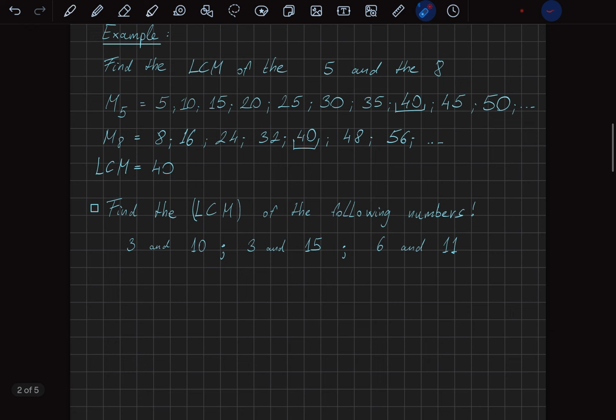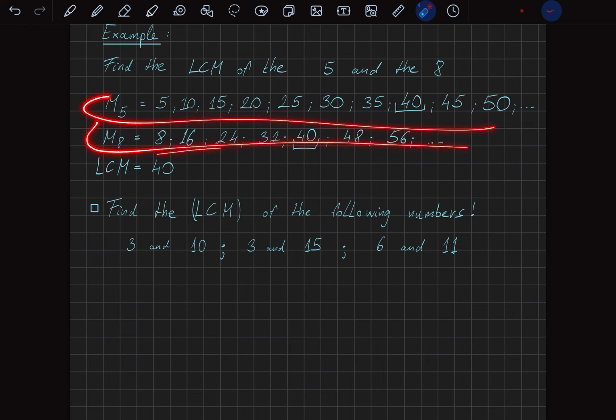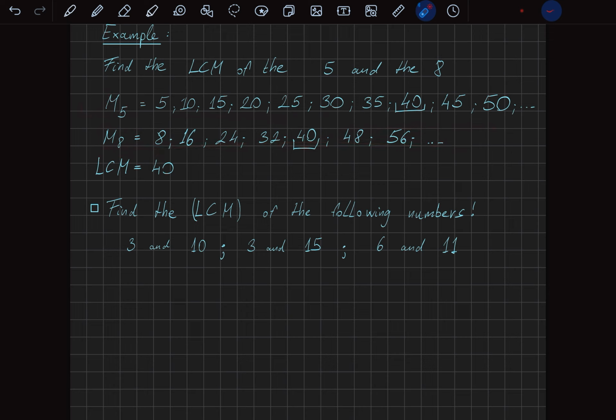A little practice, still with this method. Later we'll talk about prime numbers and the prime factor tree, and check how we can find the lowest common multiple and also the highest common factor.